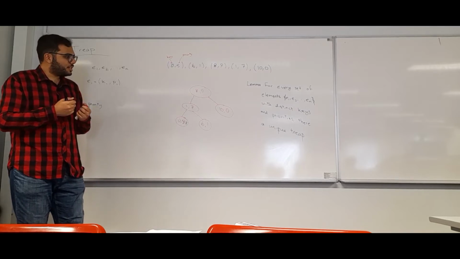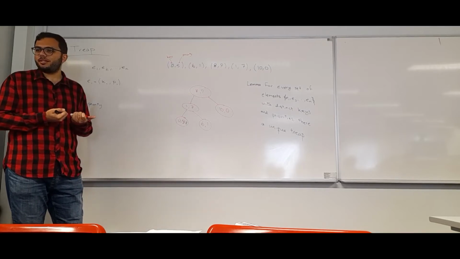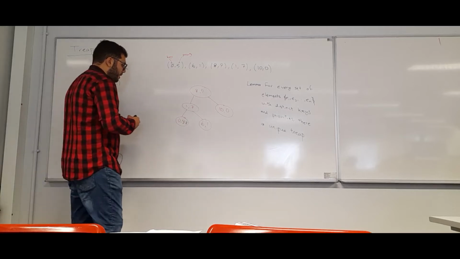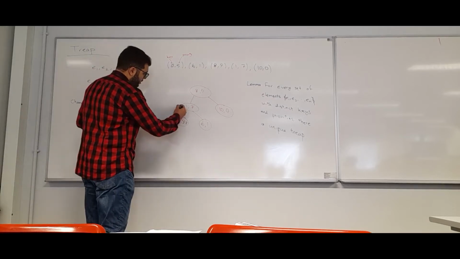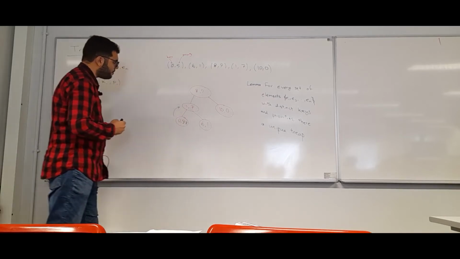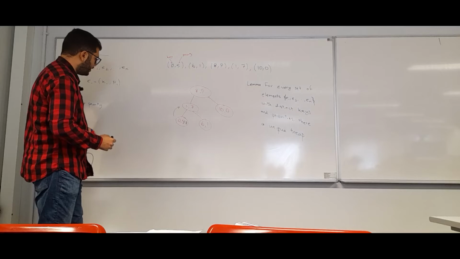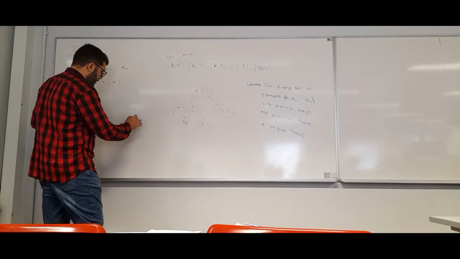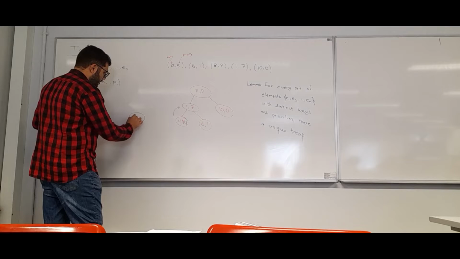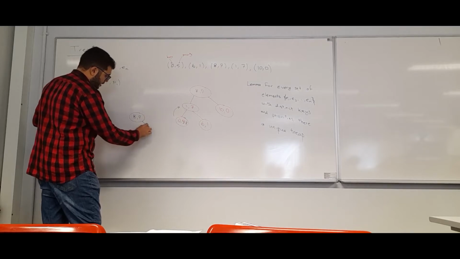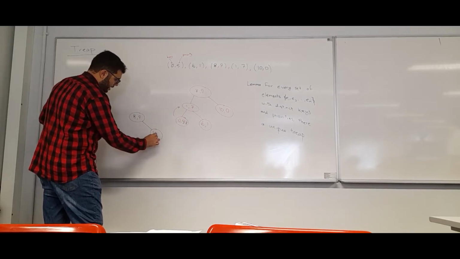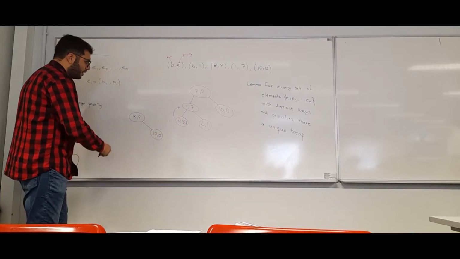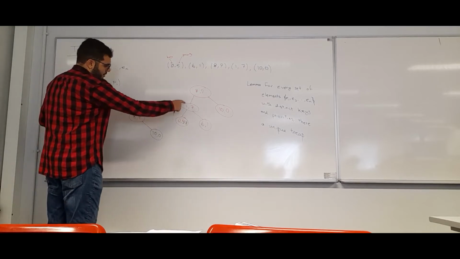But we've already seen that we can do this with rotations. Right? So if I just rotate over this edge, then what I get would be something like this. So let me just draw it here. I have (8, 9), and I have (10, 0), and nothing changes here. But here I did a rotation.